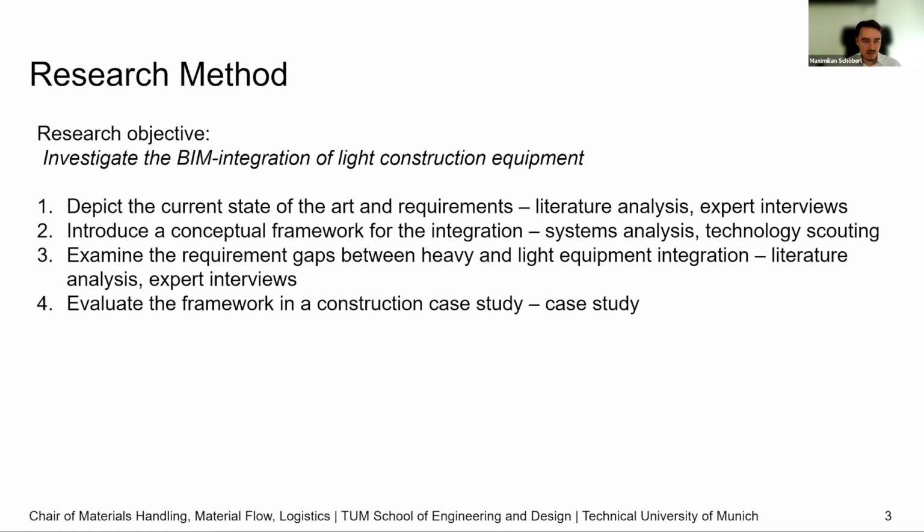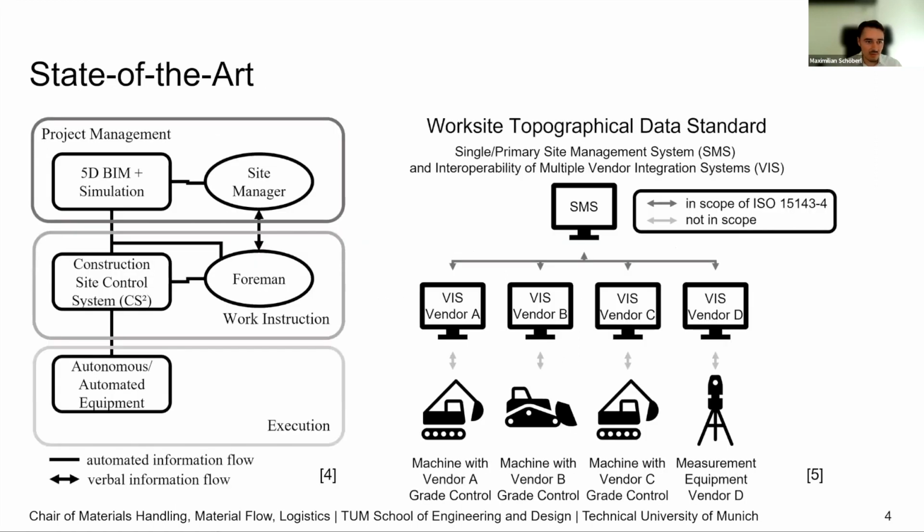As time is quite short, I will give a short introduction to the state of the art. The main point is that we have a three-level structure of our construction site operations. Most of the time, the highest level is project management, where we have our information model in the form of a building information model or a simulation, and a site manager who is managing that.